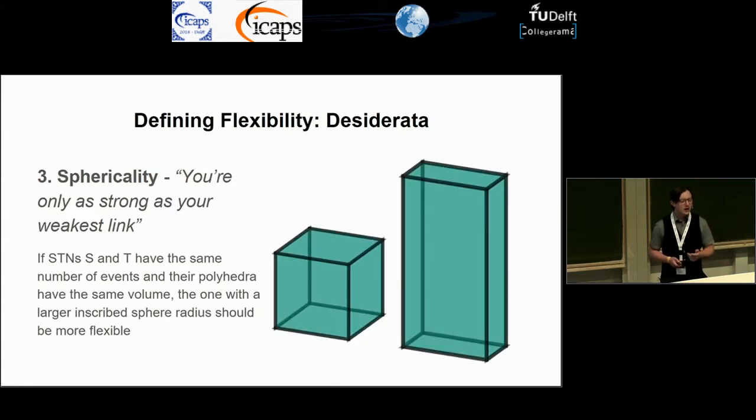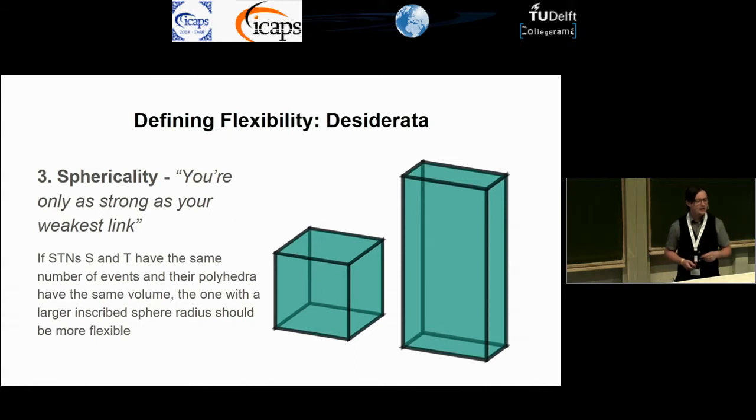Our third desideratum is sphericality, and this is the first of our geometrically inspired desiderata. It attempts to capture the idea that an STN is only as strong as its weakest link. And when we make the assumption that all events are equally vulnerable to perturbation, we can measure the strength of the weakest link by looking at the size of the largest inscribed sphere in the STN solution space, because the constraint on the size of that sphere is going to be the thinnest part of the solution space.